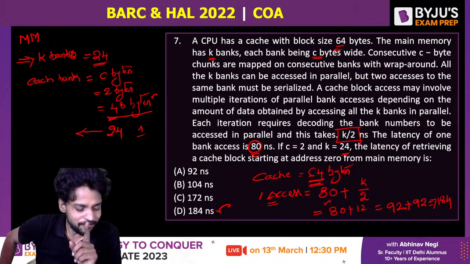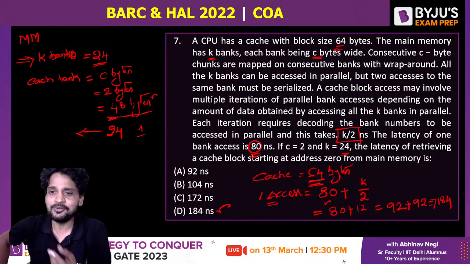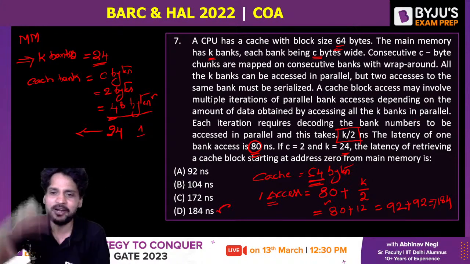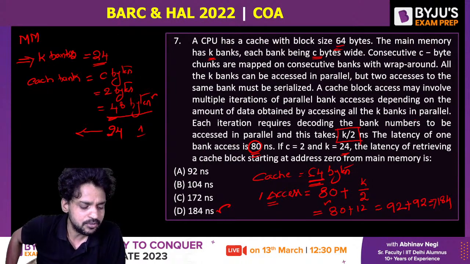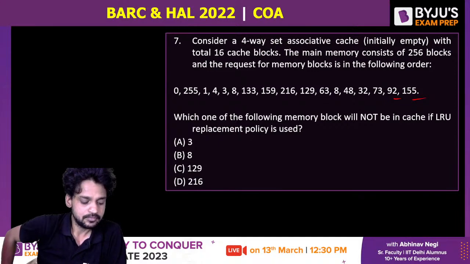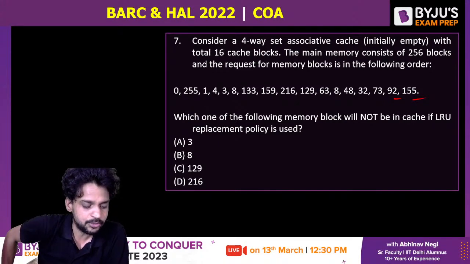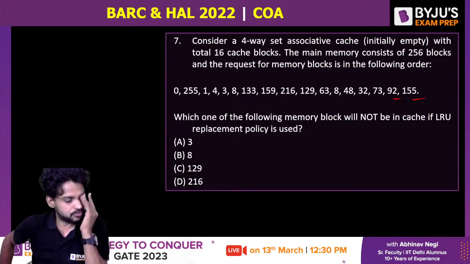So, for one transfer you will require 92 nanoseconds, but we need to access main memory twice in order to accommodate a complete block within the cache memory block. I hope you got it. Anu, got me? Yes, twice we need to transfer. Anu, did you understand this? I'm just going to the next question.